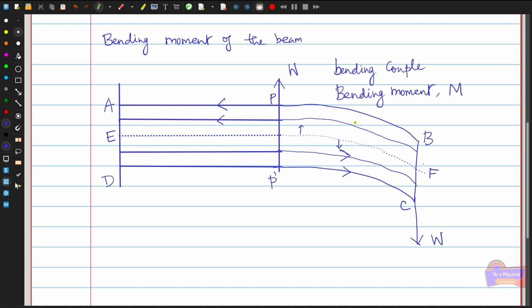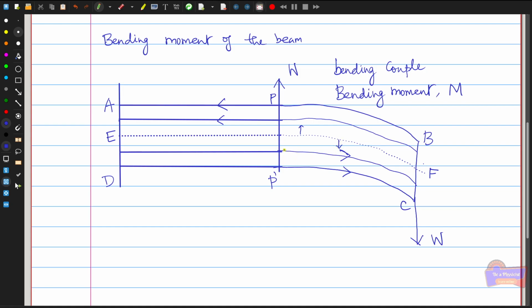Also, the moment of this balancing couple due to the tensile as well as the compressive stresses in the upper and lower parts of the beam respectively is referred to as the moment of resistance of bending, and it acts in the plane of bending. This is the plane of bending. Since it is equal in magnitude to the moment of the bending couple, it is also called the bending moment of the beam.